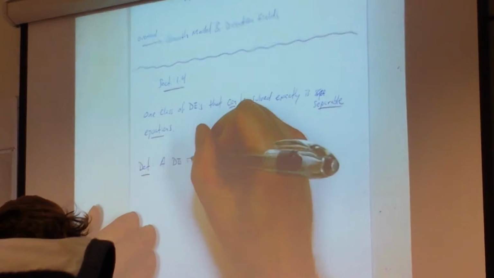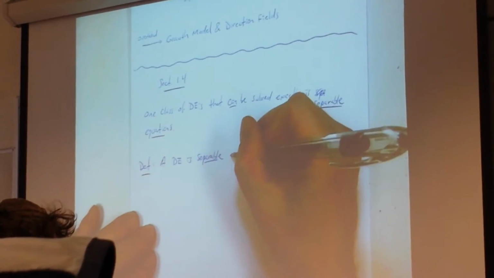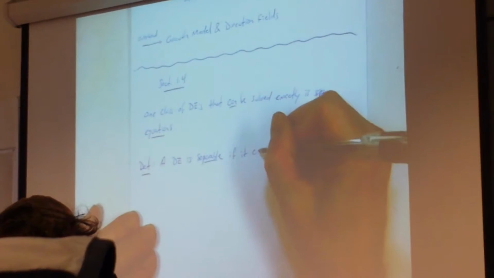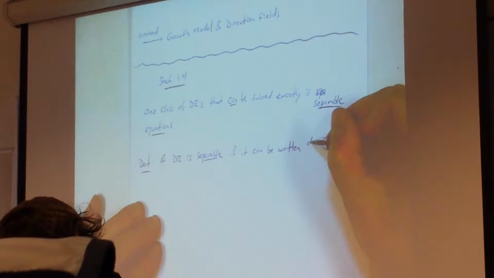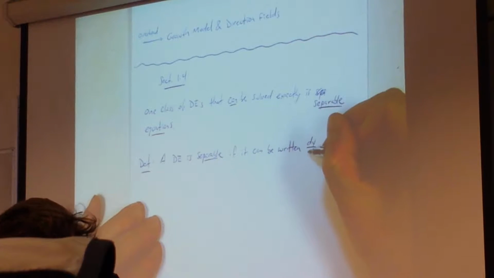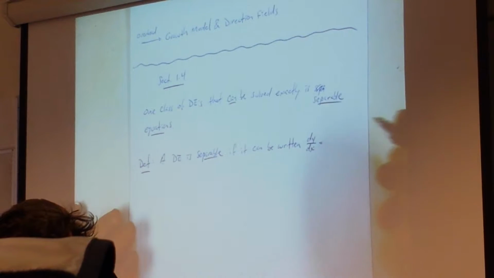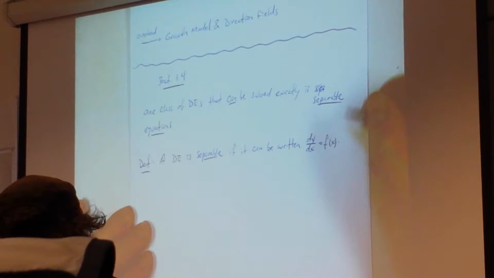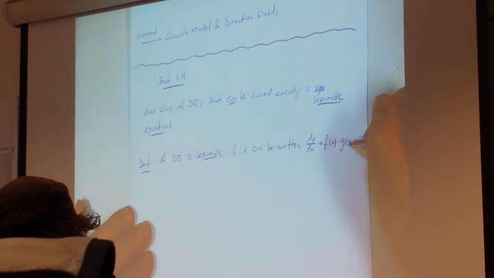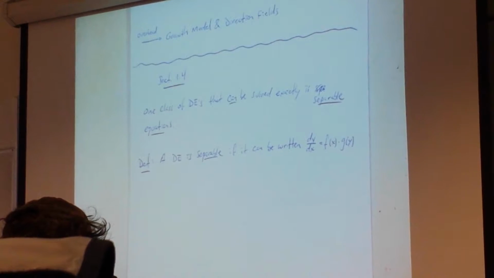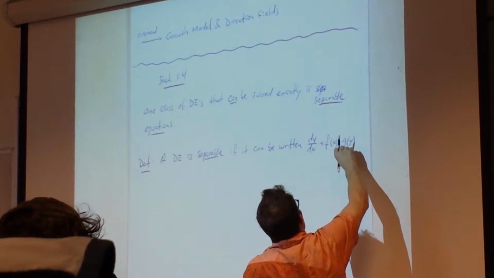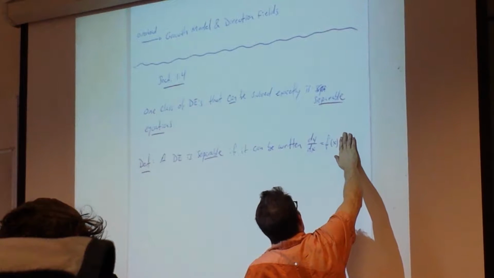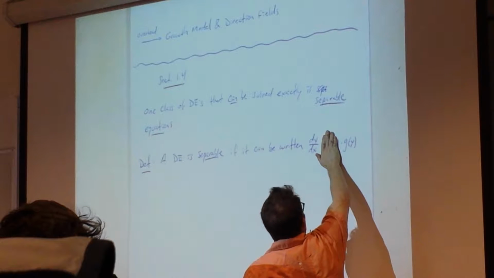a differential equation is said to be separable if it takes on a specific form. If it can be written in the form dy/dx equals some expression involving x times some expression involving only y. In other words, if your equation can be factored, a multiplication, in such a way that you have an expression involving x alone times an expression involving y alone.